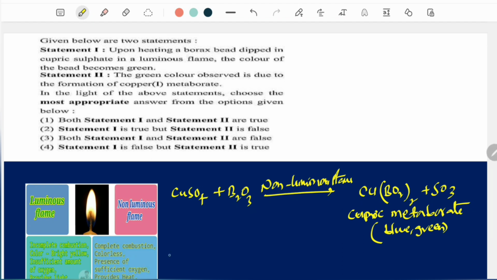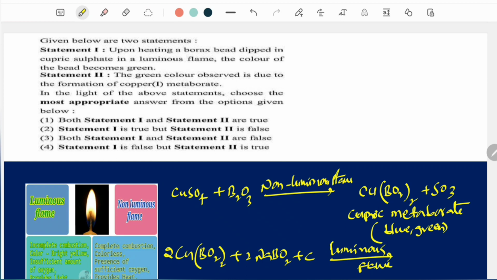So look at the reaction. Cu(BO2)2 in presence of NaBO2 and carbon in a luminous flame gives CuBO2 plus Na2B4O7 plus CO. It gives colorless cuprous metaborate.